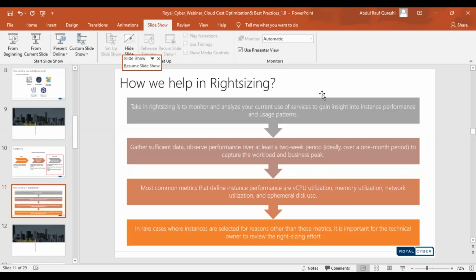The most common metrics that define instance performance are vCPU utilization, memory utilization, network utilization, and ephemeral disk use.